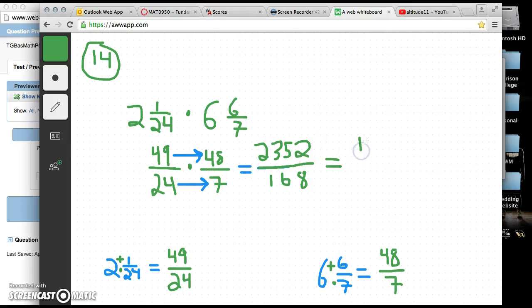So we know that 1,176 times 2 is in fact 2,352. So it's okay to rewrite the numerator like this, because 1,176 times 2 is 2,352.